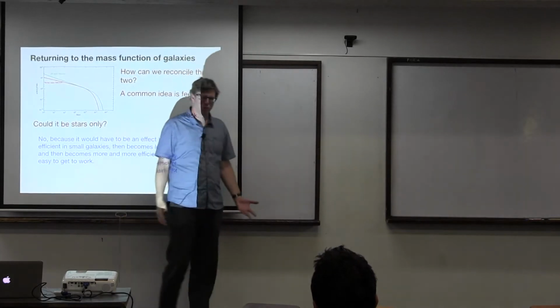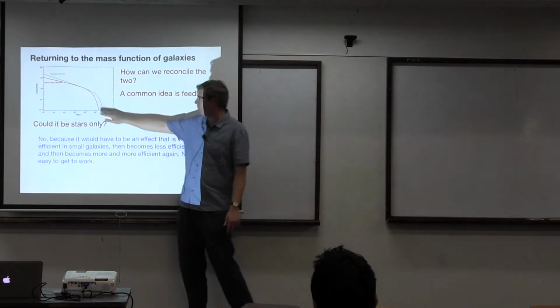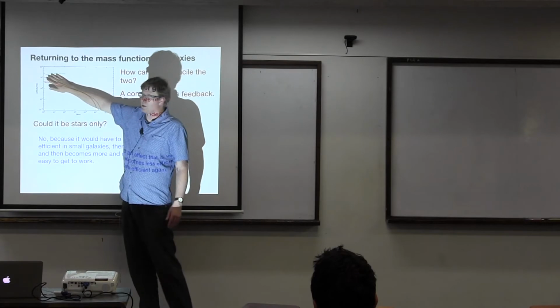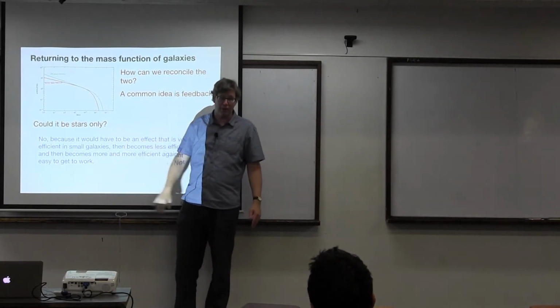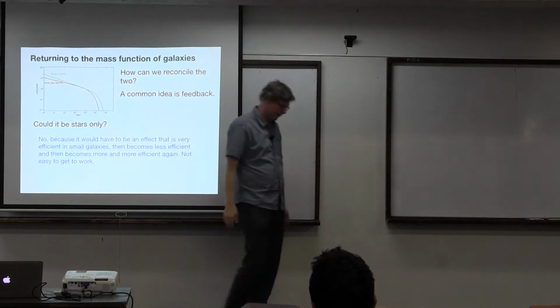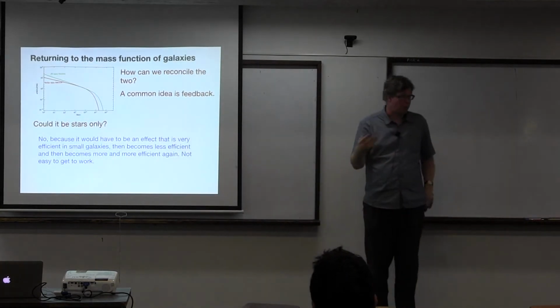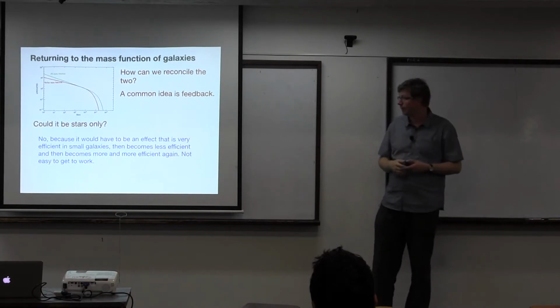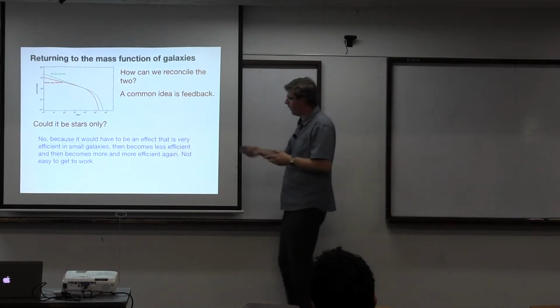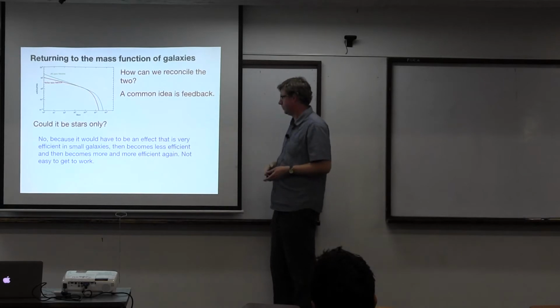And there's just no way of doing that. This is really two different processes. Something that becomes more and more important in small galaxies and something that becomes more and more important in large galaxies. It has to be something like that. There can of course be many different effects, but that's possible. But there has to be different effects on this side and that side.